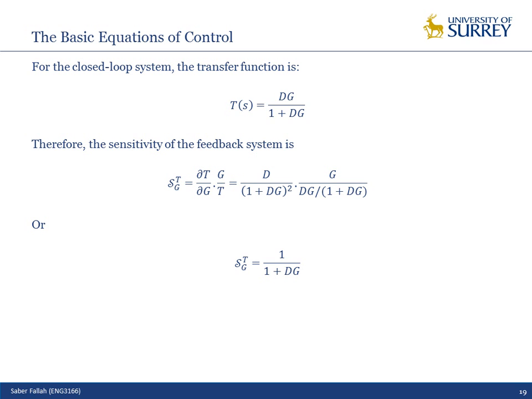The reason is here. If you calculate the sensitivity of the system loop transfer function against the plant G, I will have 1 over 1 plus dG, which is exactly what we defined already.